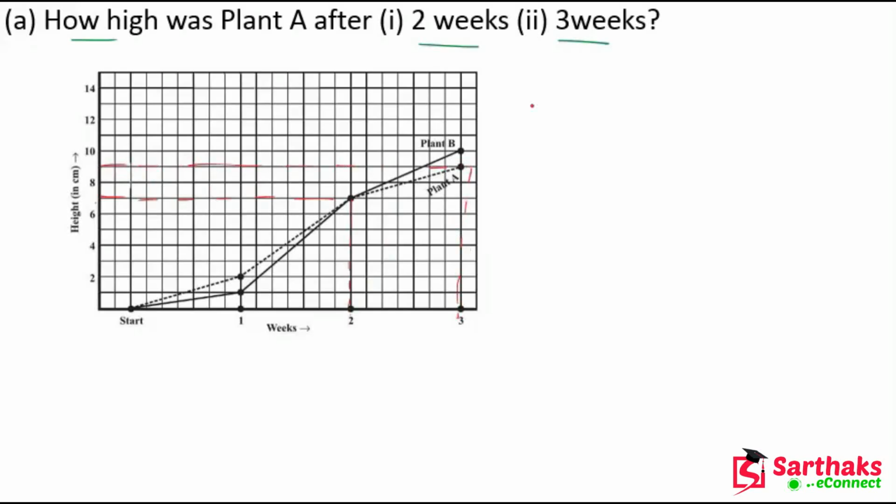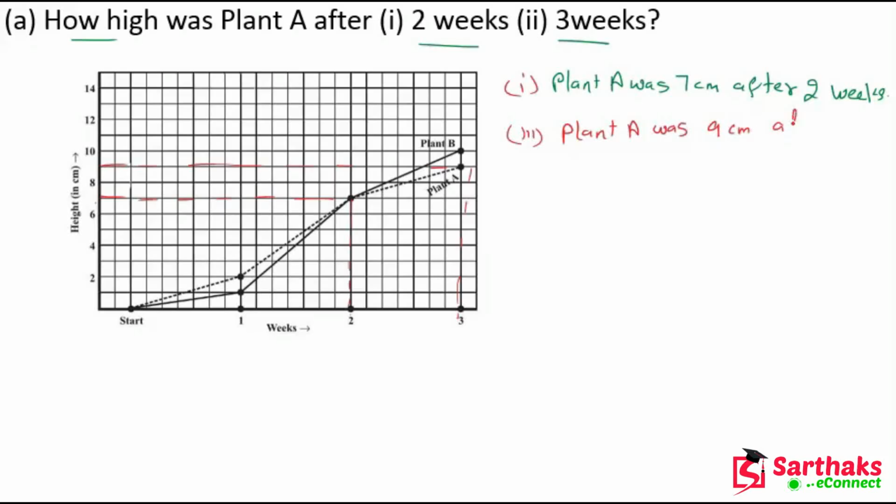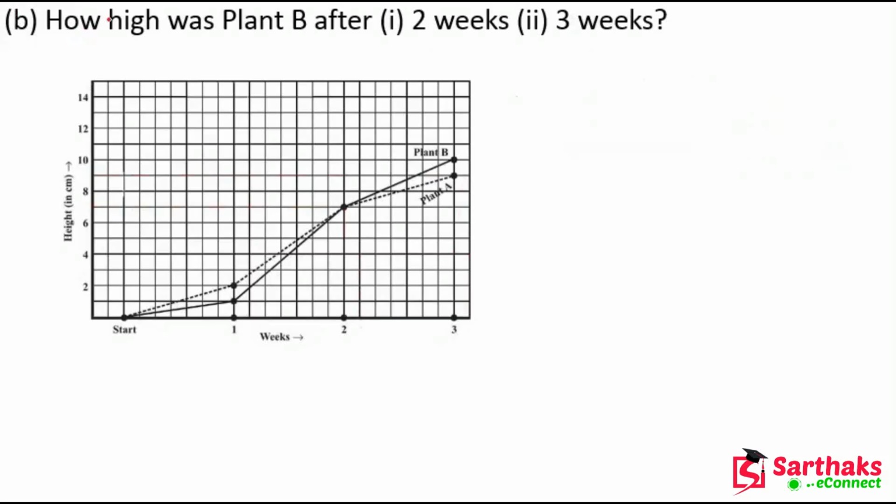So we can write in the first part, plant A was 7 centimeter after 2 weeks, and in the second part, plant A was 9 centimeter after 3 weeks.